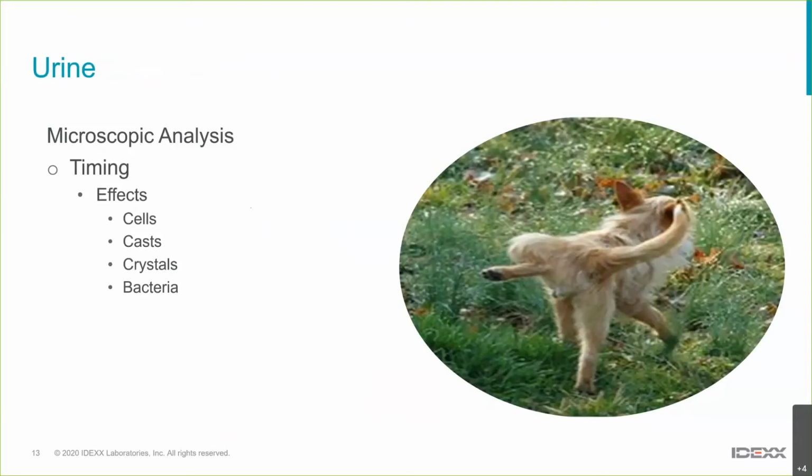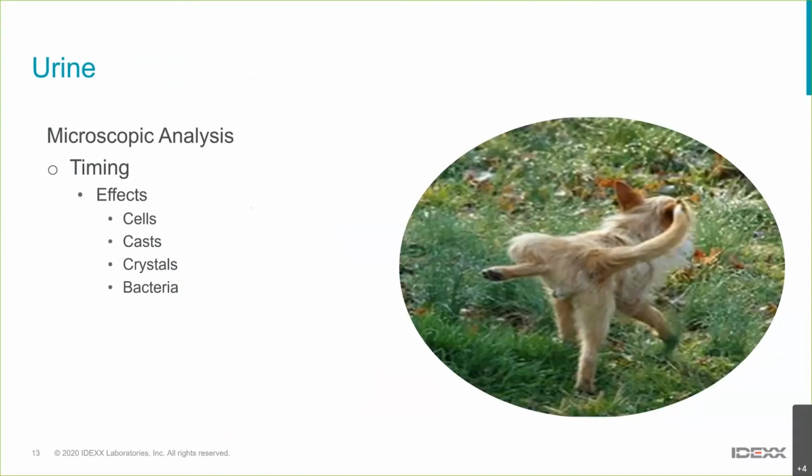When we look at the microscopic analysis of urine, one of the challenges is that it's a little bit more time sensitive. Ideally, the urine sediment exam should be done while the urine is still warm and steaming, because then we haven't had time for anything to change. Beyond about 30 or 60 minutes, we can potentially get some changes in cells, casts may break down, and bacteria could die or multiply.